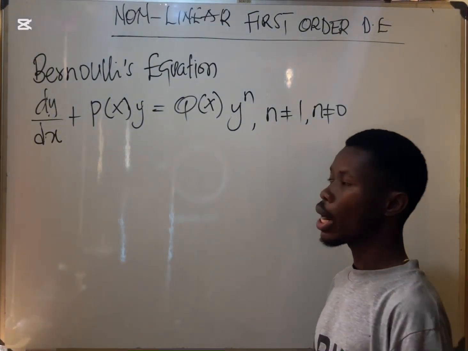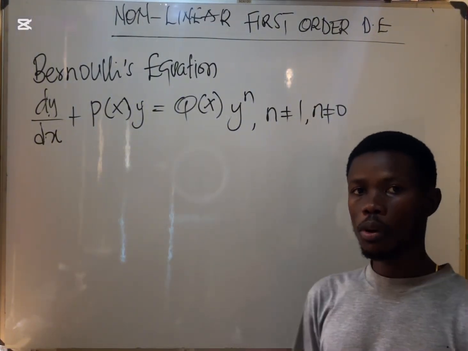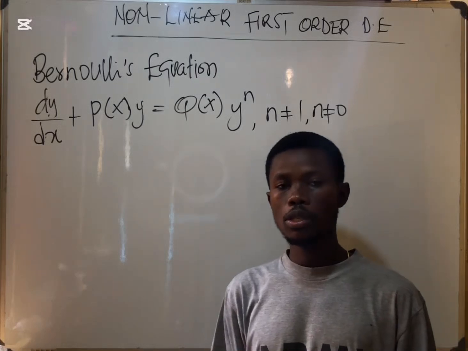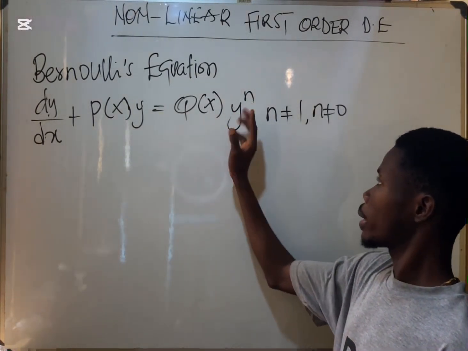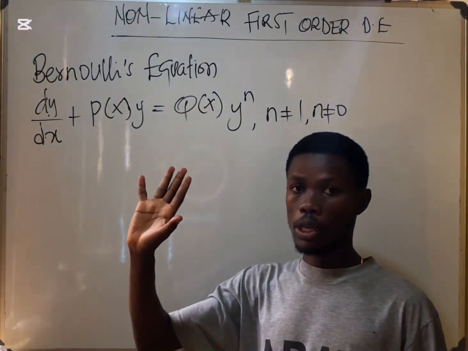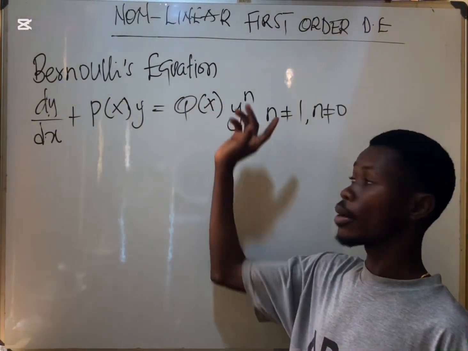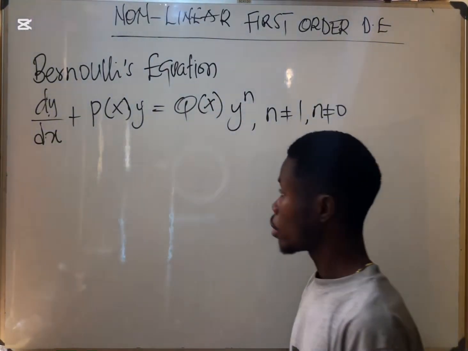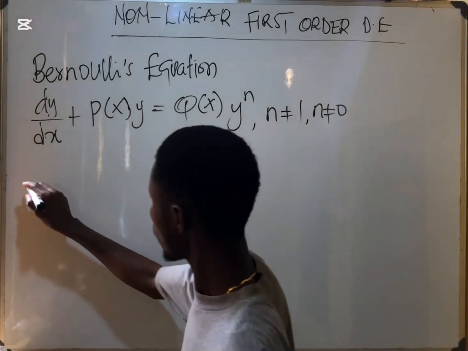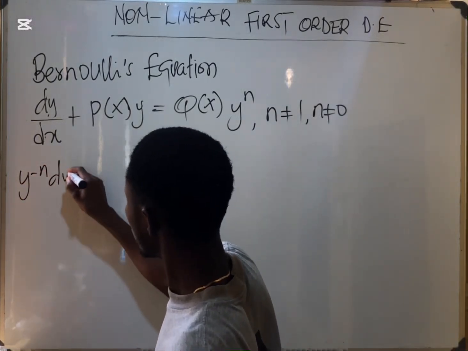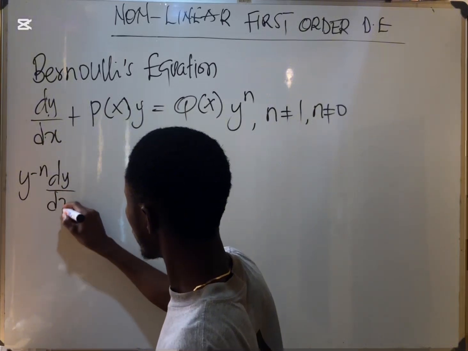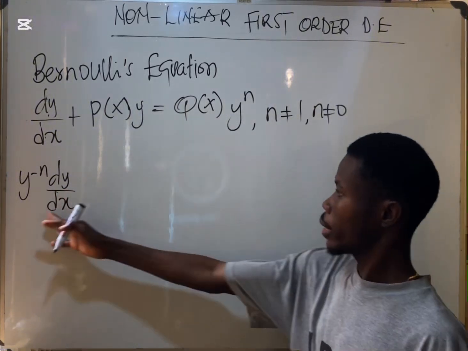So now let's look at how we can solve something like this. When a question like this is given to you, the first thing to do is to make sure that this y to the power n goes to 1, meaning that I have to divide through by y to the power n. When we do that, we get y to the power negative n dy/dx plus p of x y to the power 1 minus n. I hope you understand when I divide over.